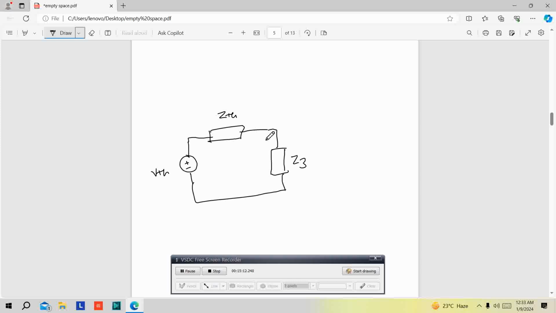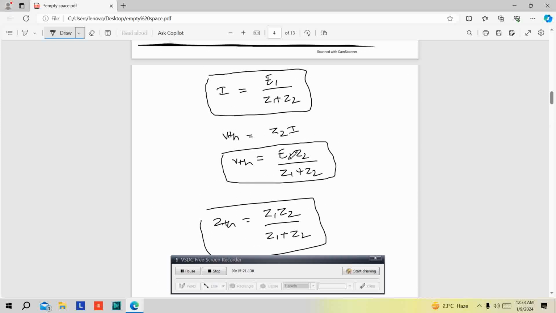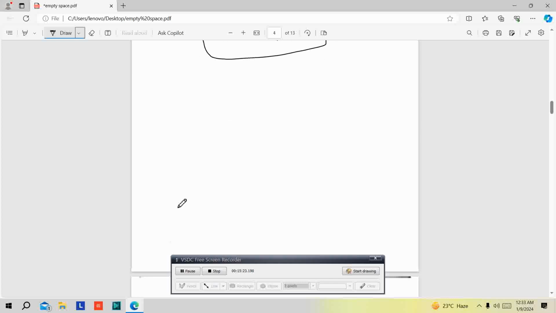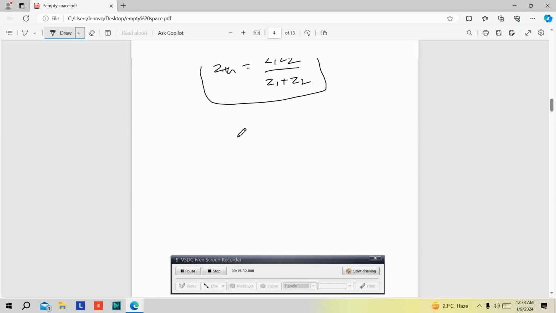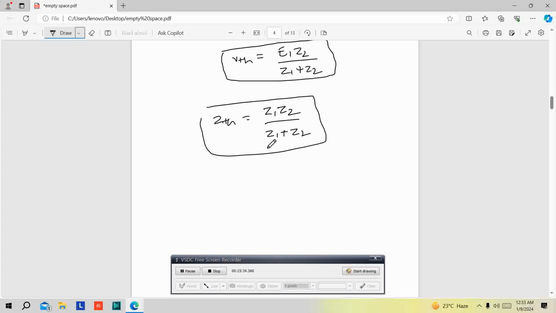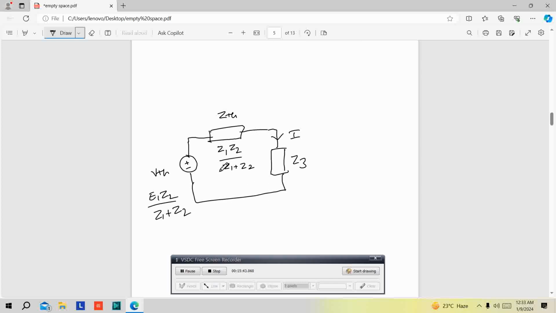VTH we have calculated, so I want to calculate the current. VTH is E1 Z2 divided by Z1 plus Z2, and ZTH is Z1 Z2 divided by Z1 plus Z2. So this is the current I want to calculate here.